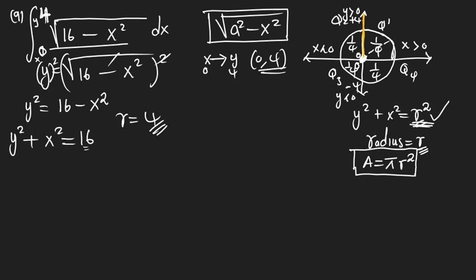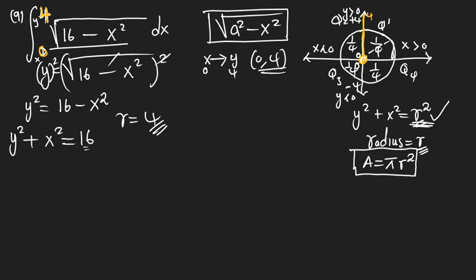You see? Because this is our limit, it's from 0 to 4, from this point where 0 is to this point where our 4 is. Because 4 is positive, it should be upward. That's what that implies.